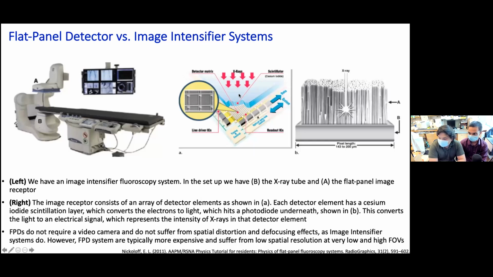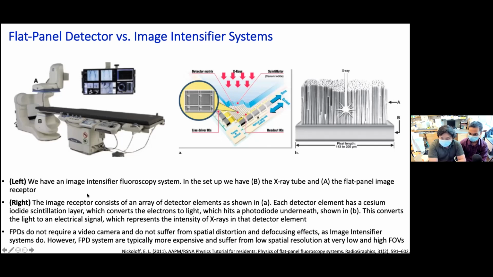There is a layer of cesium iodide, which is the input phosphor. This converts the captured electrons into light, which then hits a photodiode array underneath the scintillation layer. This converts the light into electrical signals, and that allows each element of the array to represent an intensity of X-rays detected by the detector element.